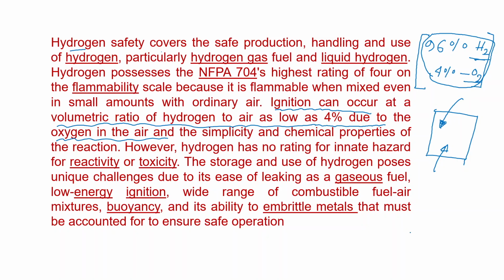So hydrogen purity is very important. Purity of the hydrogen during storage or in any case is important, and there should be no leakage, because if there is leakage, atmospheric oxygen will get inside the hydrogen, and there may be catastrophic failure.